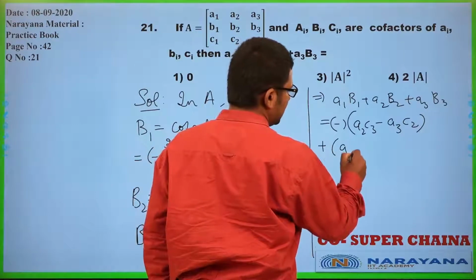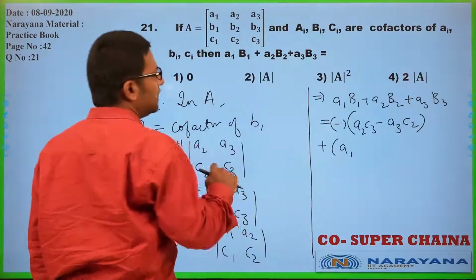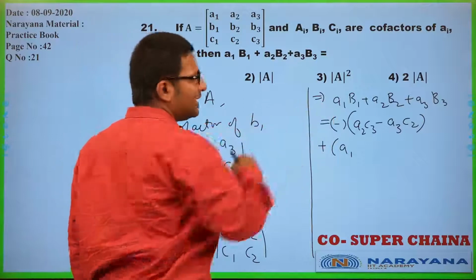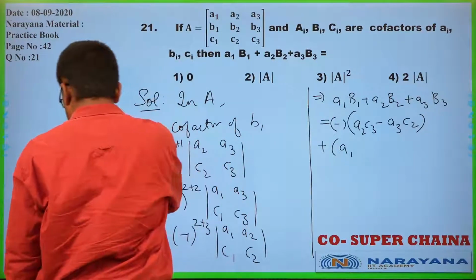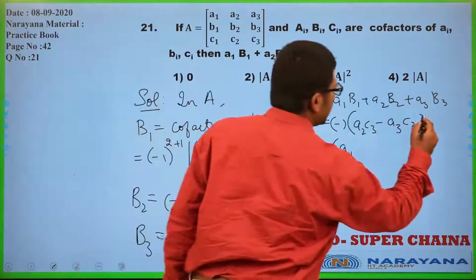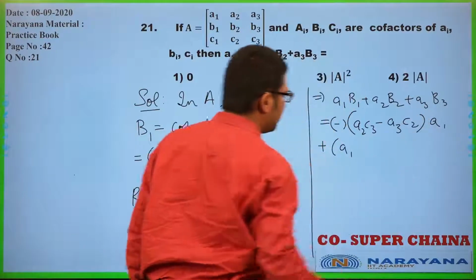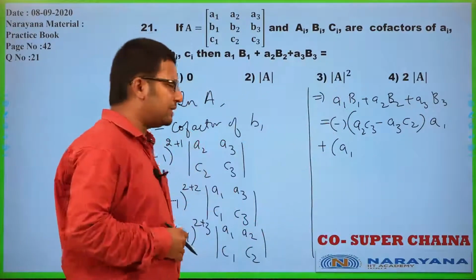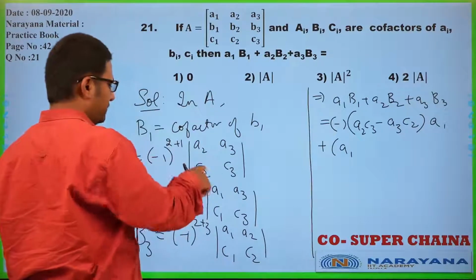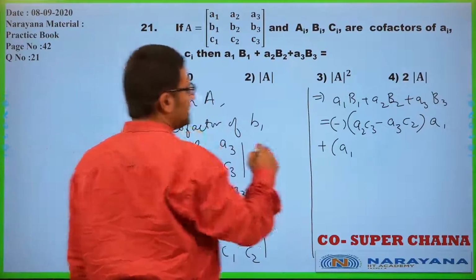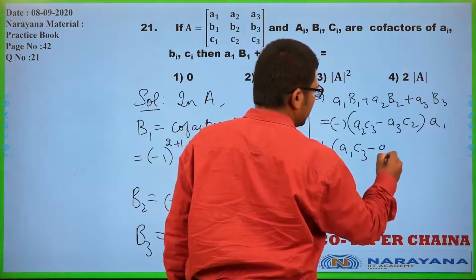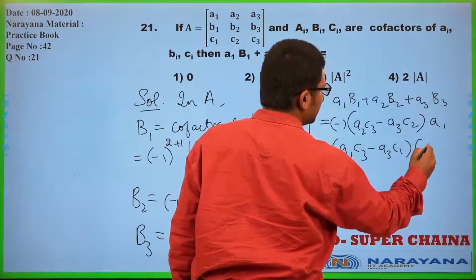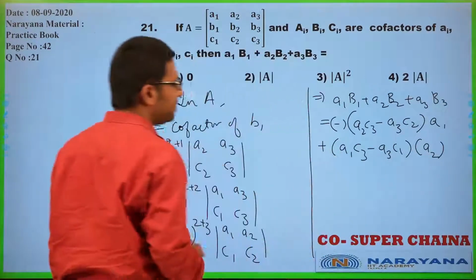I forgot to write A1, so let me write A1 here, alright? It is easier for us to write that way. So plus A1 C3 minus A3 C1 into A2, right?